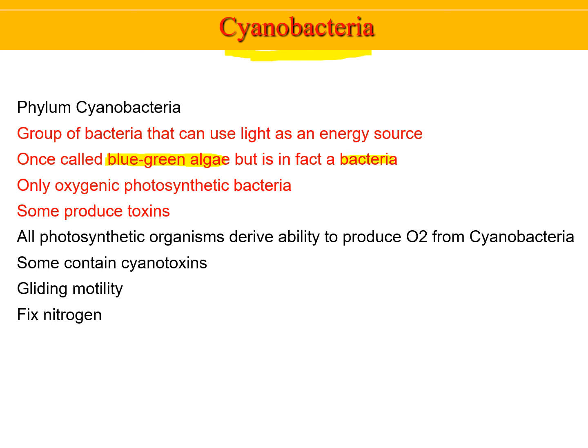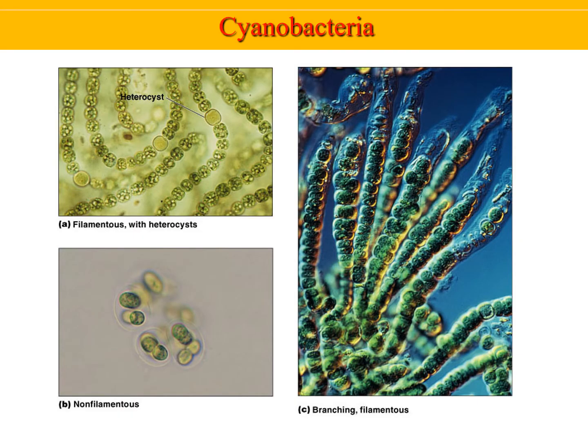Some strains do produce toxins, which can be quite deadly, particularly for certain animals more than others. Here you see the cyanobacteria. They look like algae, certainly, and I can understand why, for years and years. It was only recently that they realized they were bacteria.